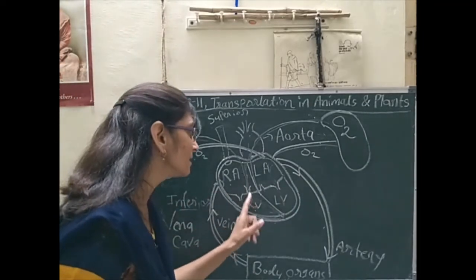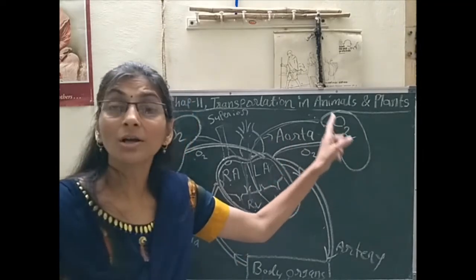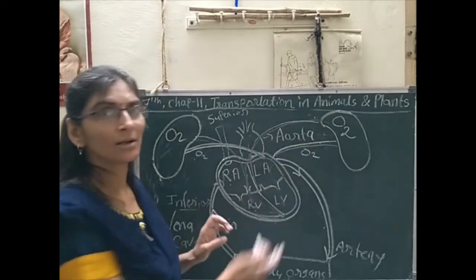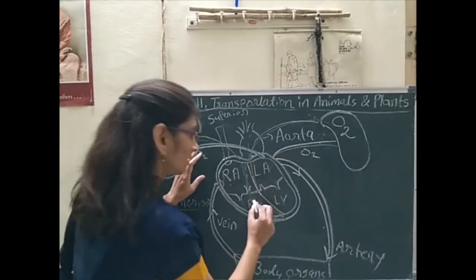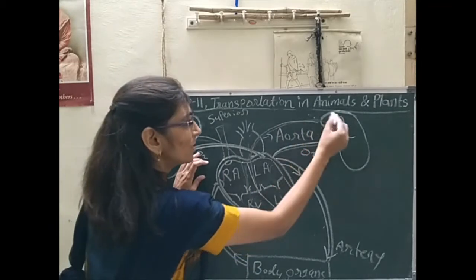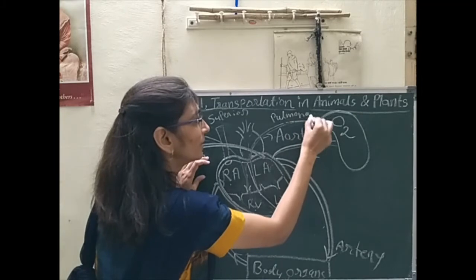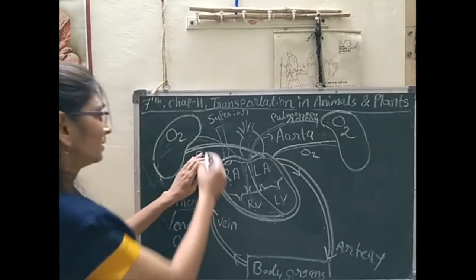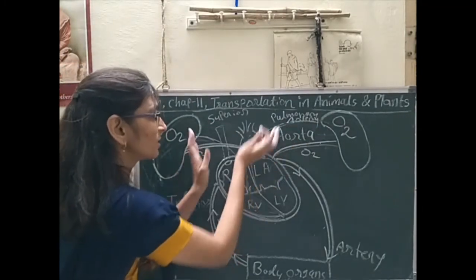But as this is deoxygenated blood, it goes for purification inside the lungs, out of the heart. It is going away from the heart, so as per the rule, the blood vessel which carries deoxygenated blood towards the lungs is known as the pulmonary artery. And here that is also pulmonary artery, carrying deoxygenated blood towards the lungs.